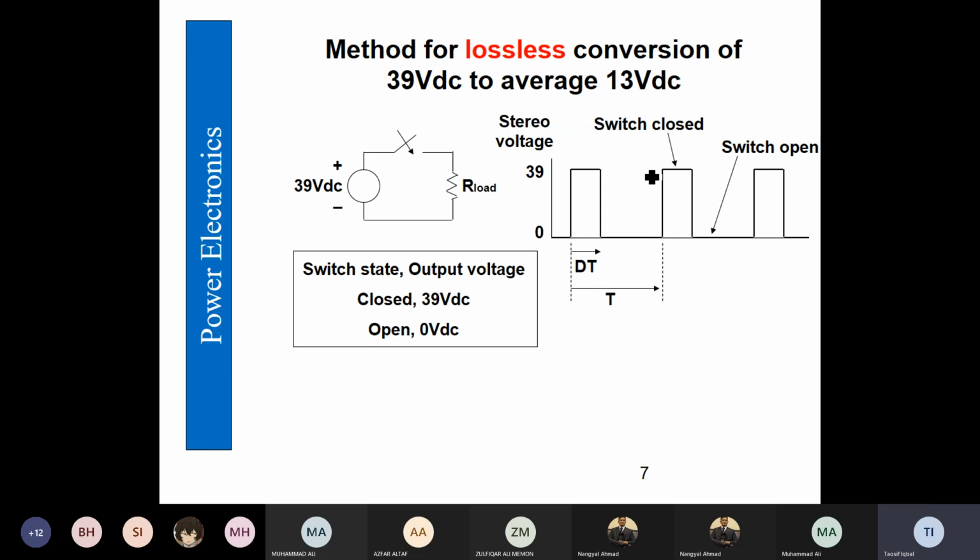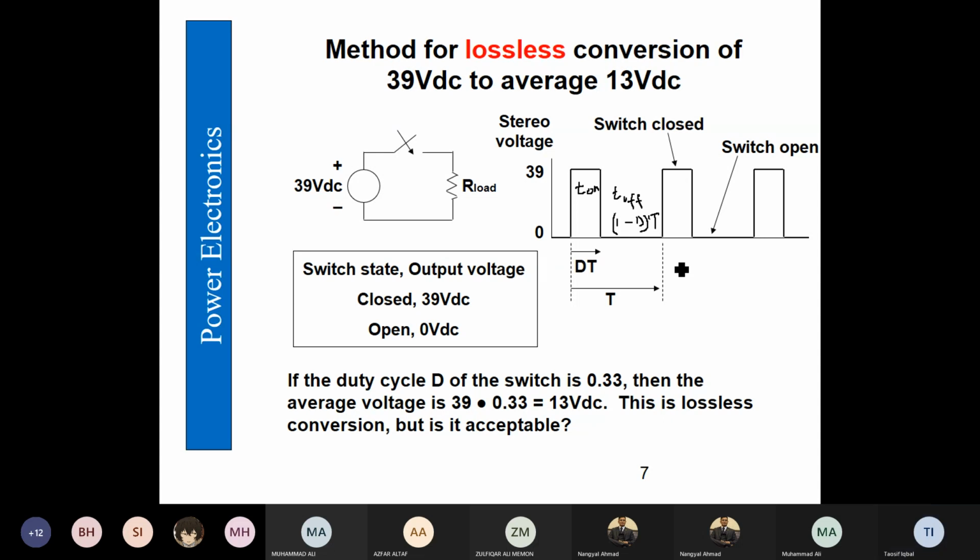So this duty cycle is basically the turn on time and turn off time, T on and T off, within one cycle. T on is equal to DT, and T off is equal to 1 minus DT. In the introduction, we already discussed how we get that. I hope you guys remember it.